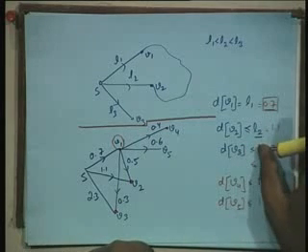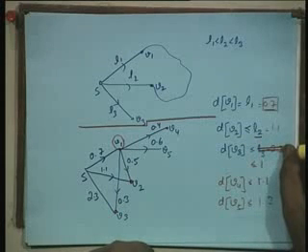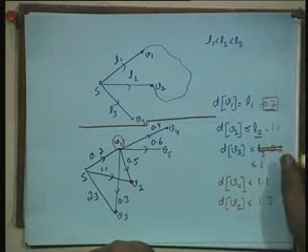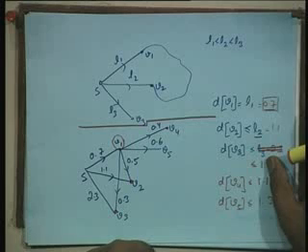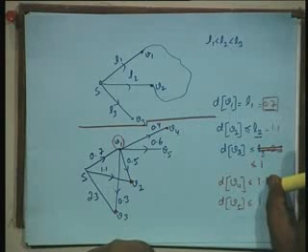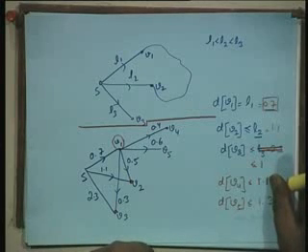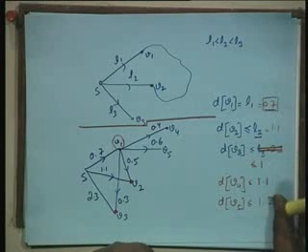For instance, this tentative distance, which was earlier 2.3, has now reduced to 1.1. Sorry, this did not reduce. This earlier was not reachable at all. Let's say it was infinite earlier. Now it has become 1.1. And this also came down from infinite to 1.3.